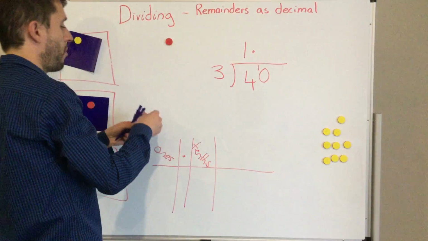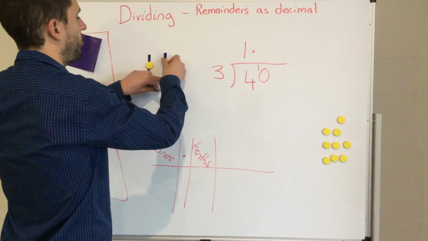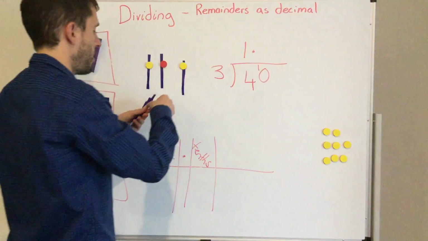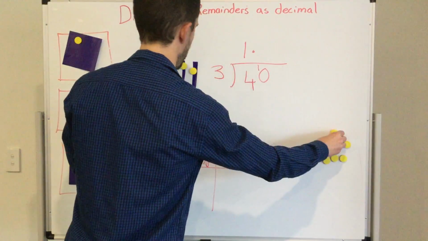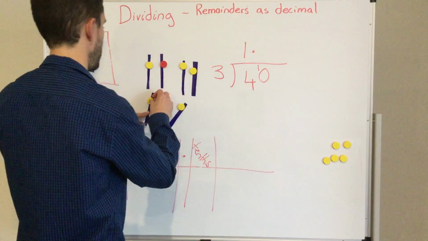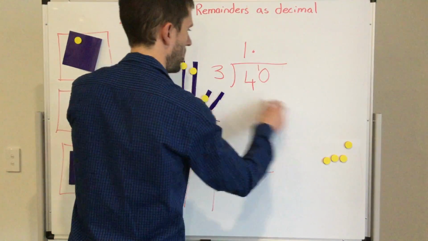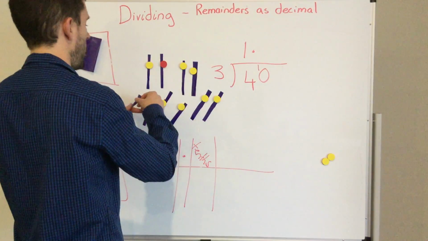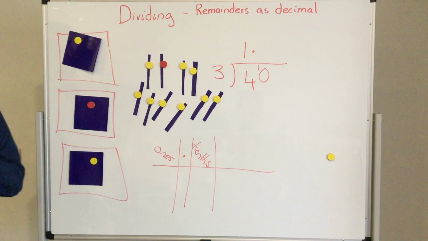So I'm just going to put them all onto the board now. 1, 2, 3, 4, 5, 6, 7, 8, 9, and 10. So I've got my 10 pieces.